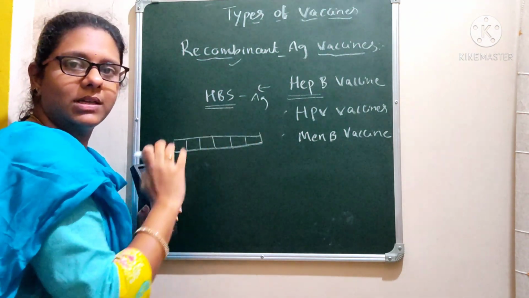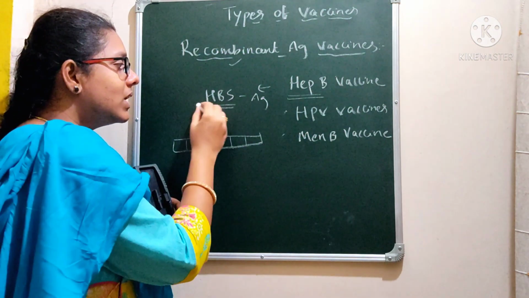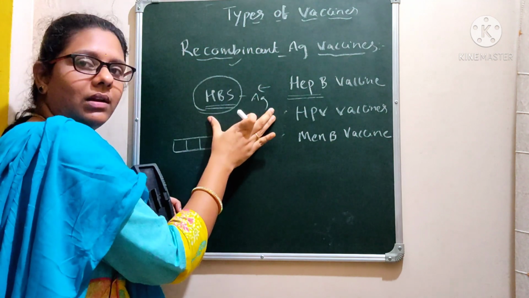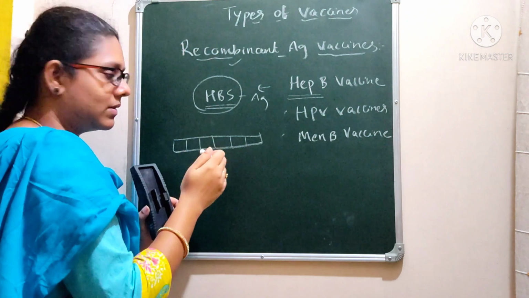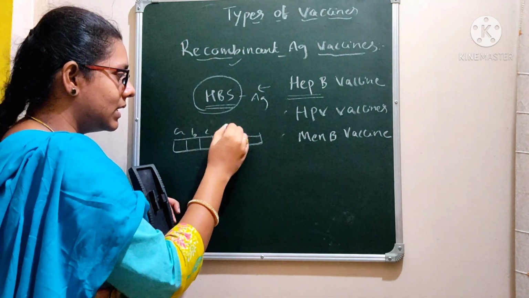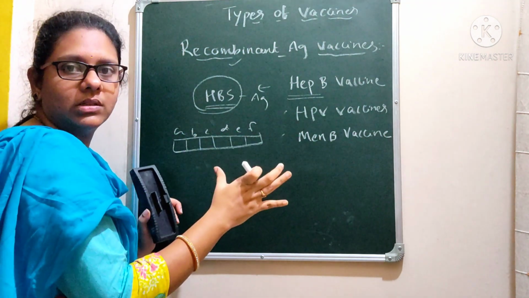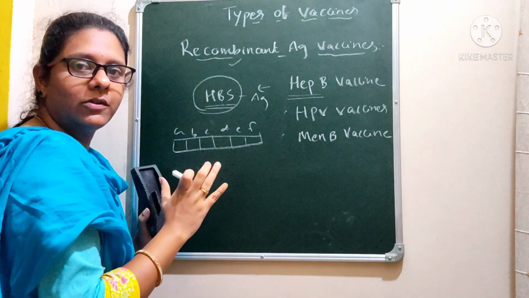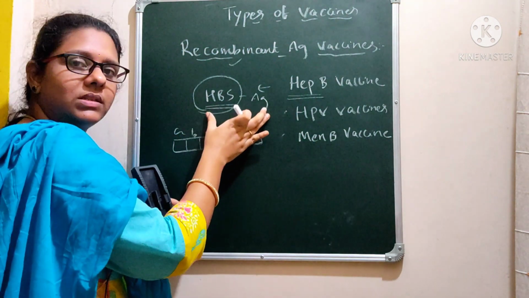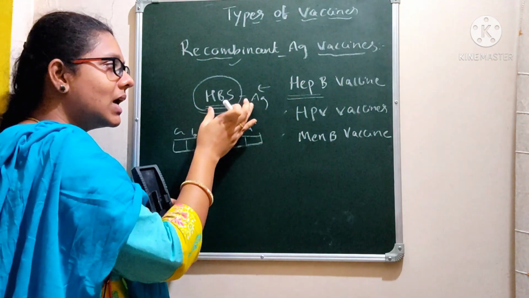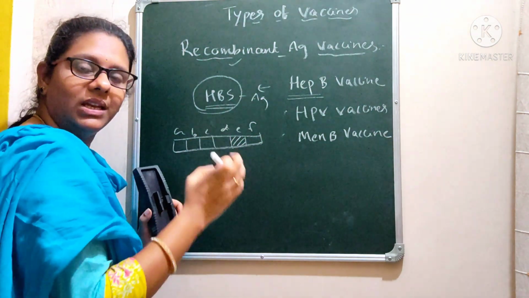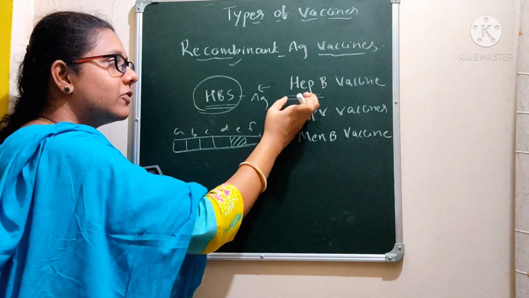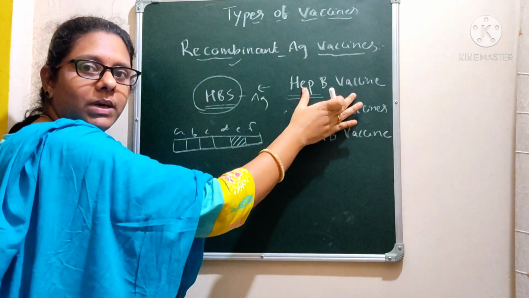For example, A, B, C, D, E, F are the set of genes, and we are interested in the gene that expresses the hepatitis B surface antigen. For example, gene E codes for the surface antigen of the hepatitis B virus.